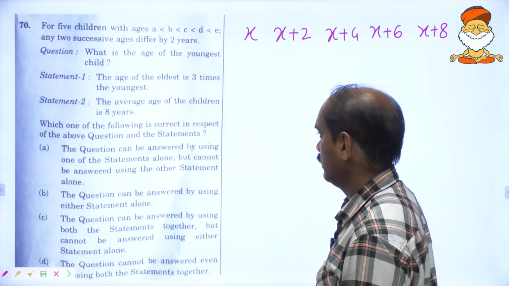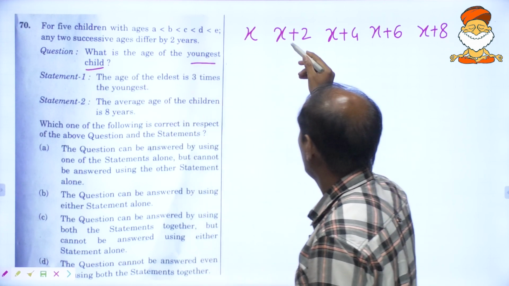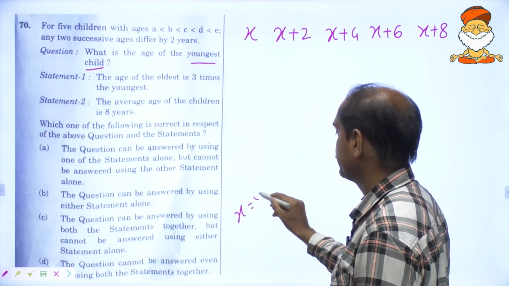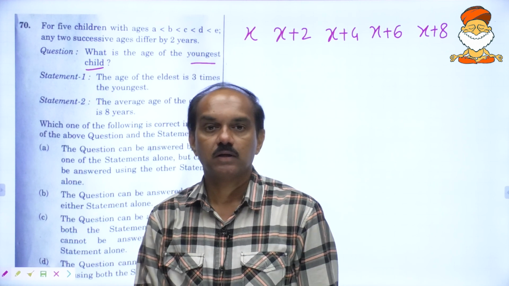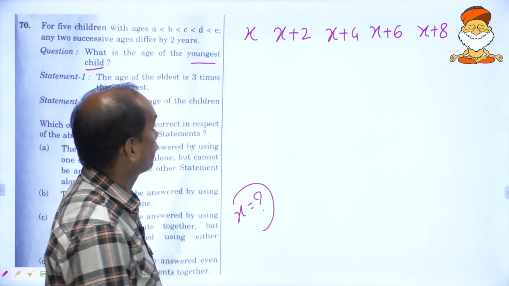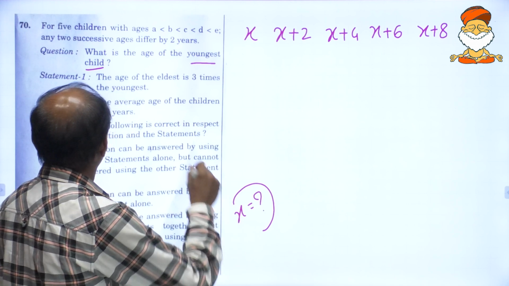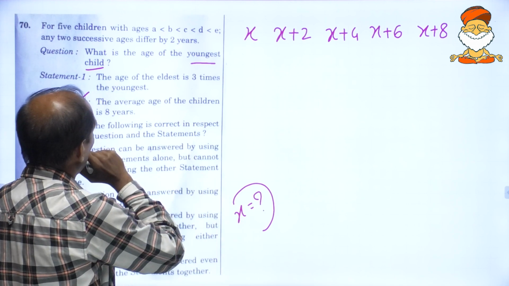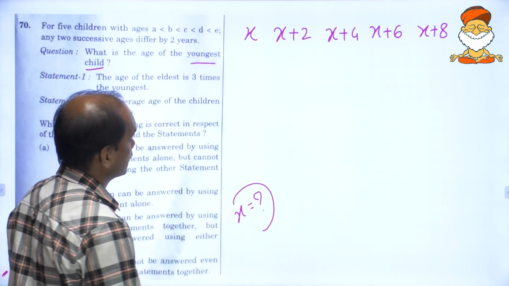What is the age of the youngest child? Meaning we want the value of X. X stands for the age of the youngest. If I use statement number 2, the average age of the children is 8 years.